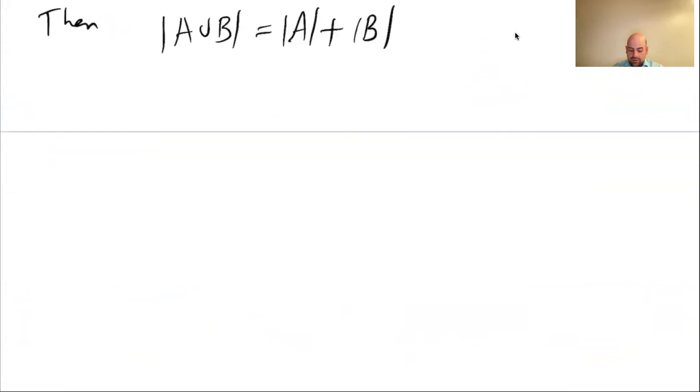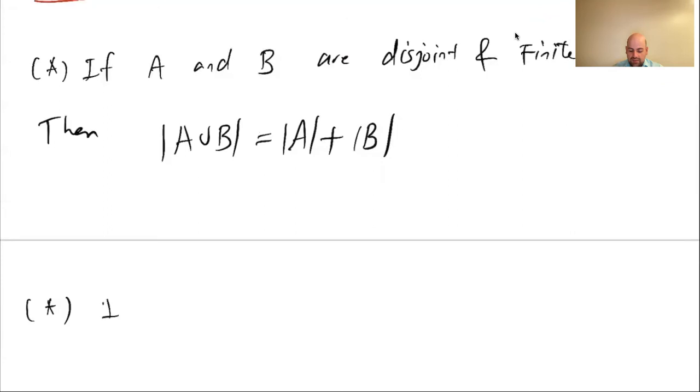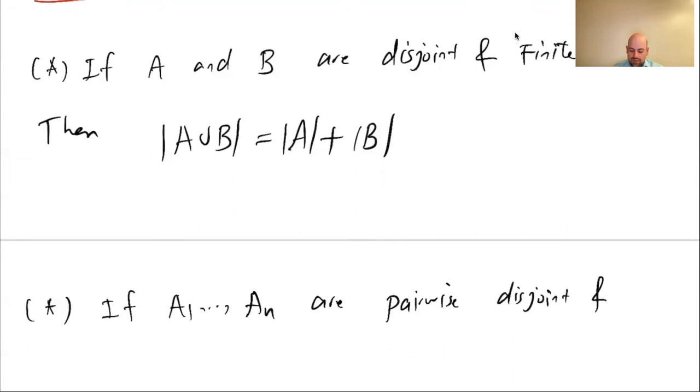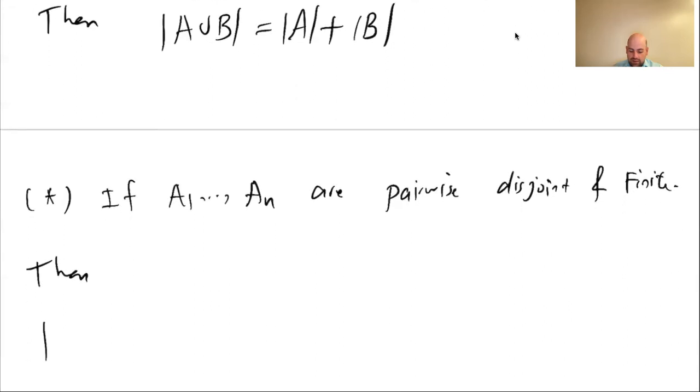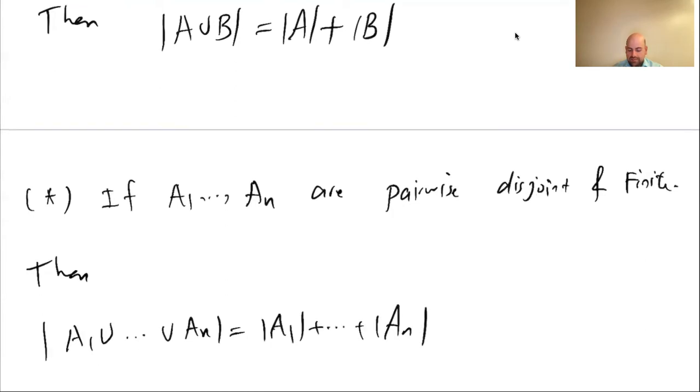Now we have a similar property for the pairwise disjoint sets. So again, similarly, I can say if A1 to AN are pairwise disjoint and finite, of course, then the number of elements in A1 union to AN is equal to the number of elements in A1 plus all the way to the number of elements in AN.